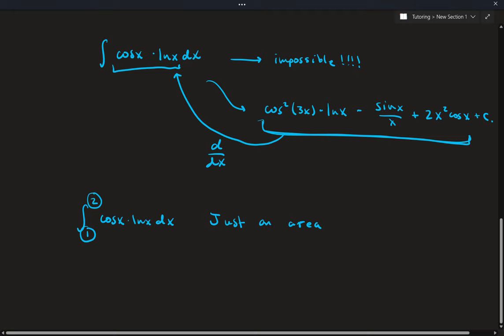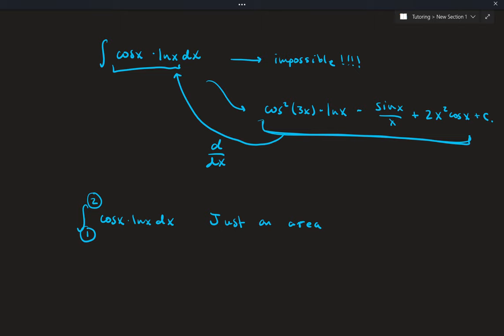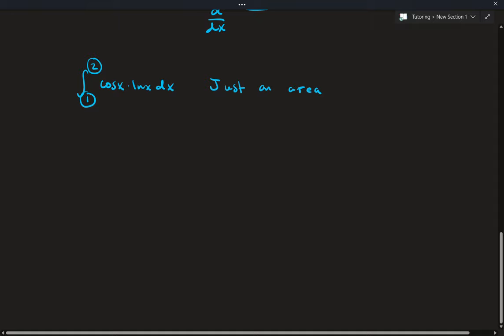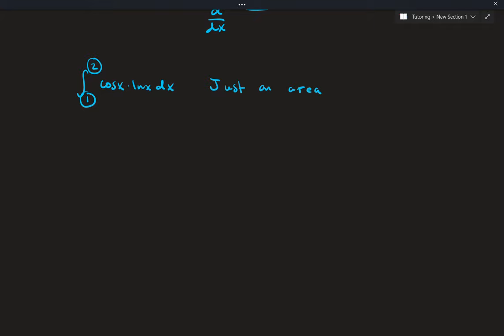So, there's your spiel on how integrals are very different from derivatives. And that's what this next chapter is going to be about. You're not going to be able to show that these integrals are impossible. I'm just telling you this to contextualize it. Why do you have to be so much more careful?